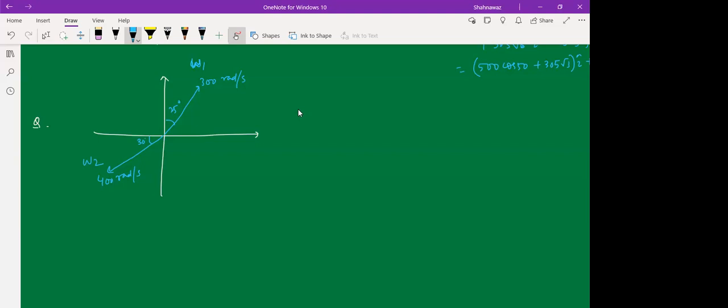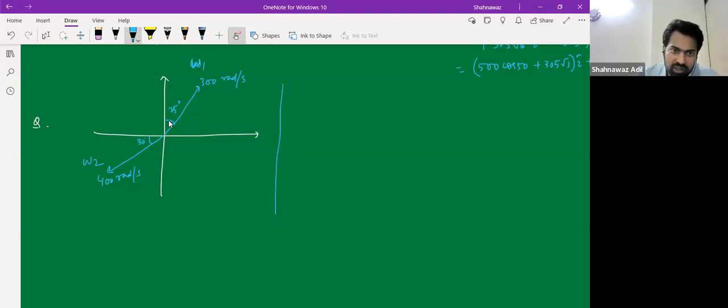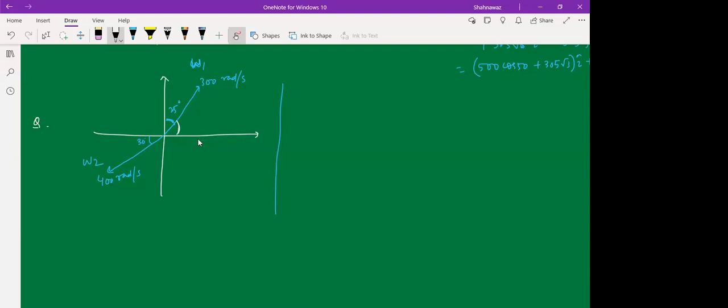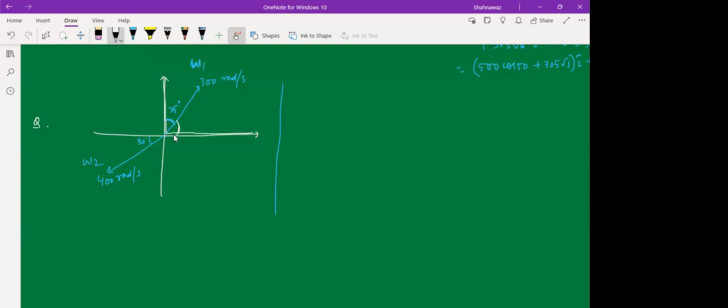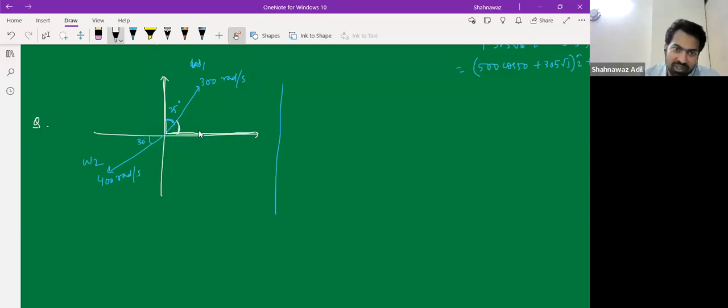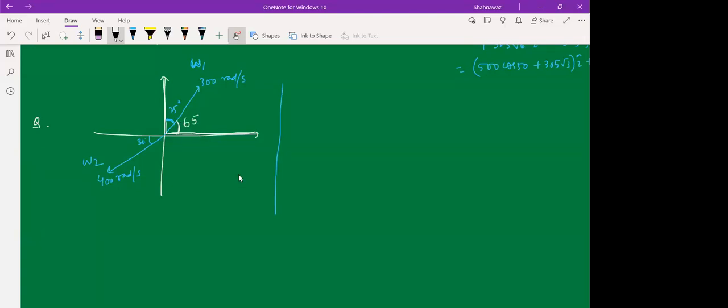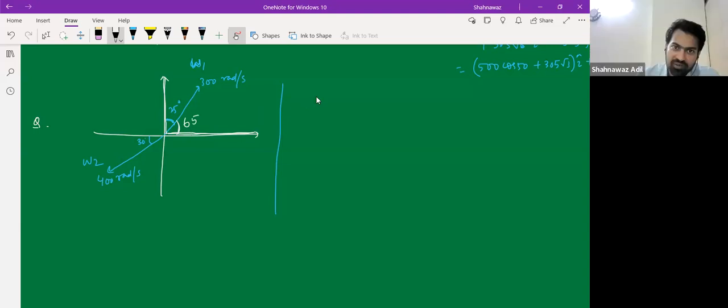So first we'll find out the angle, and this is not with the horizontal. So what would be the angle with the horizontal? 180 minus 25? No, sorry, 90 minus 25. So this is 65, right? So 65 is the angle, and omega 1x would be how much?